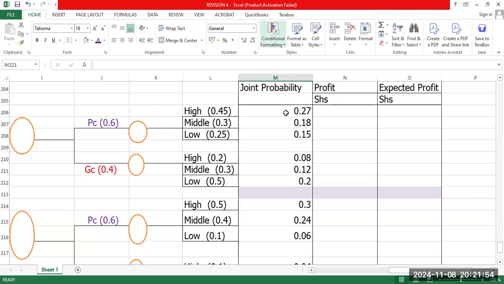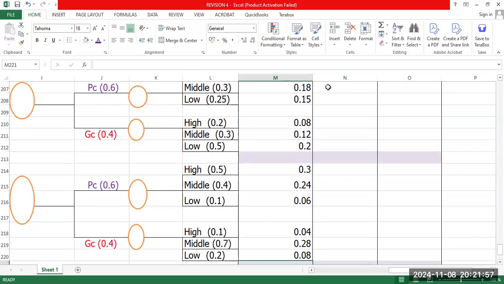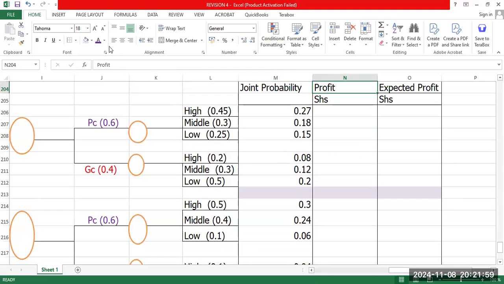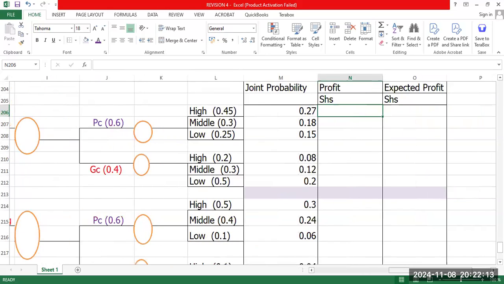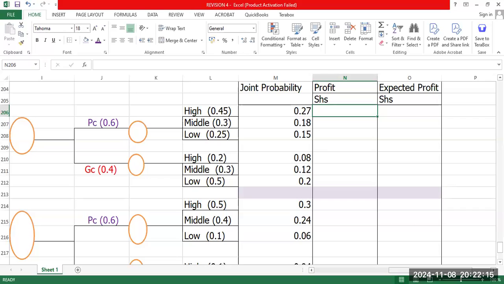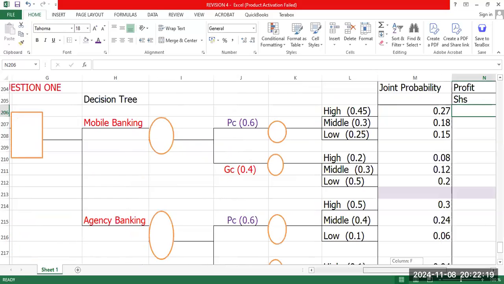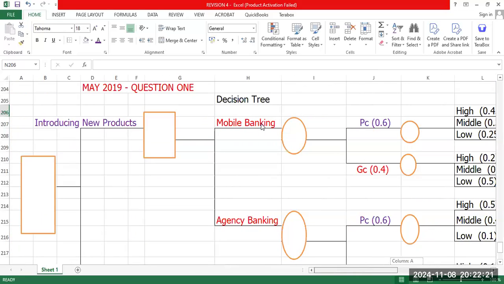So how can we get the profit? It's not direct in the question. Remember, what you need to know is the expected outcome on every branch. You introduced a new product, this new banking.